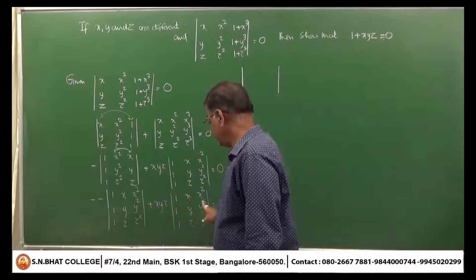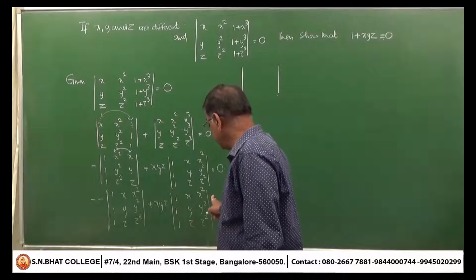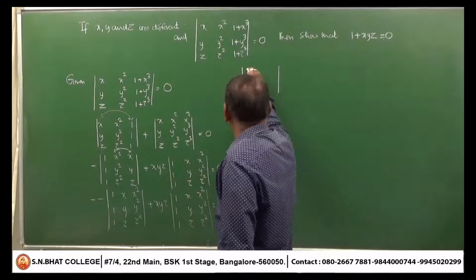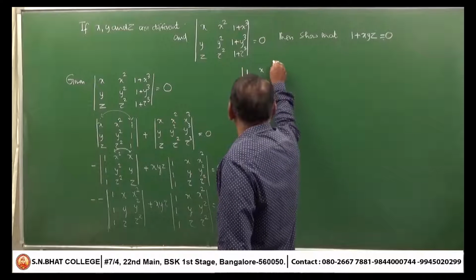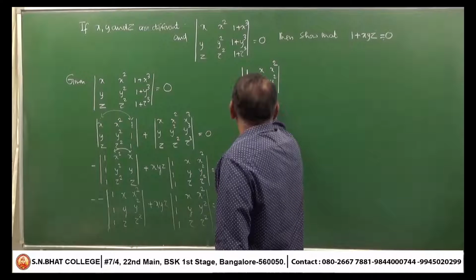In these two terms, the determinant is a common factor. Both determinants are the same: 1, x, x square; 1, y, y square; 1, z, z square.